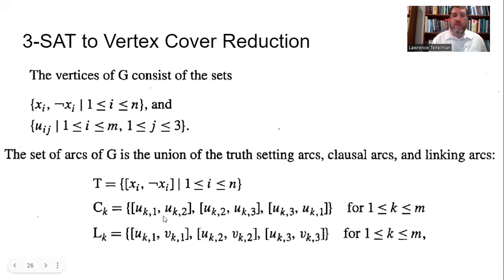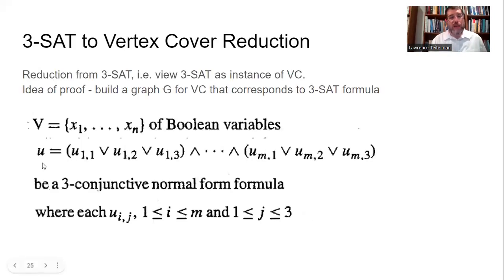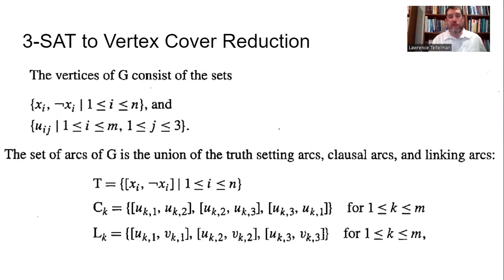Next, we get to what they call the clausal arcs. What are the clauses? This is a clause. From here to here is a clause. From here to here is a clause. How many variables are in each clause?